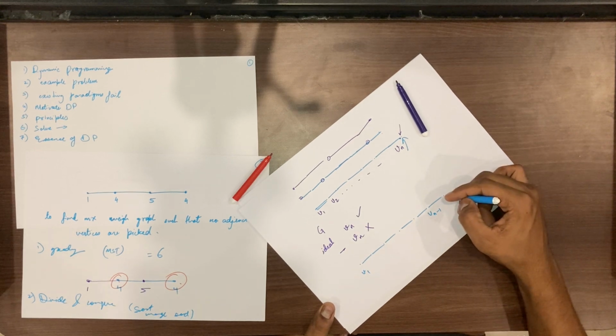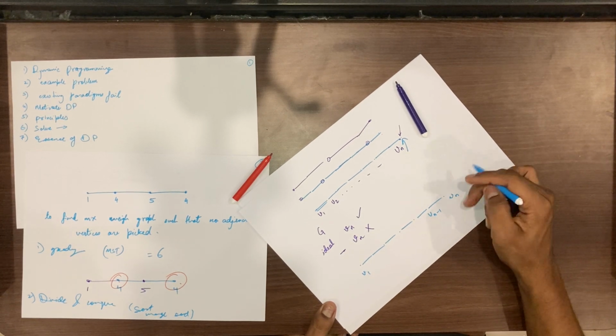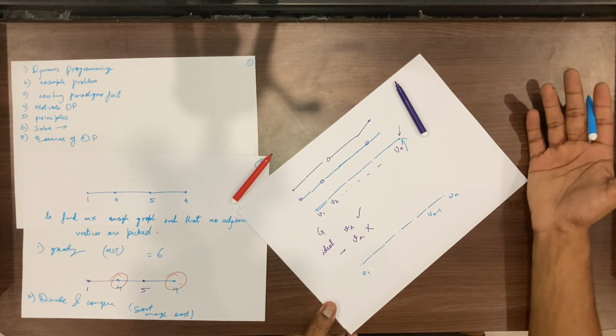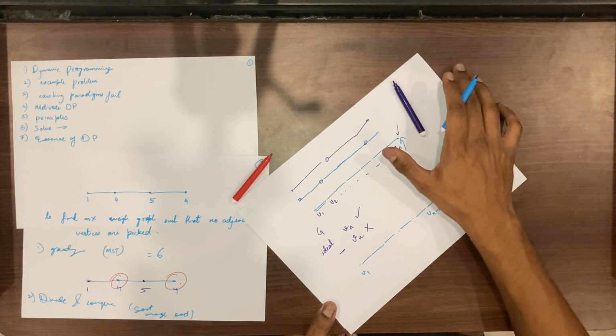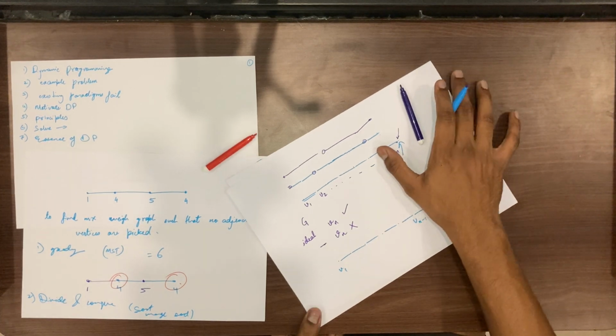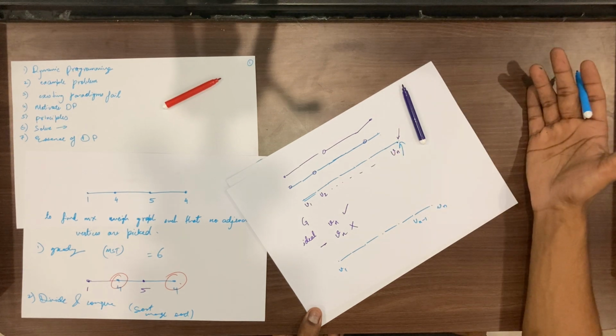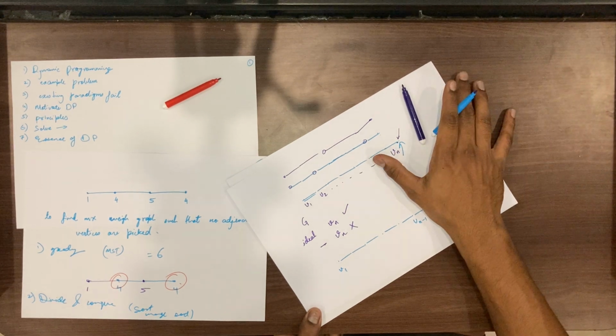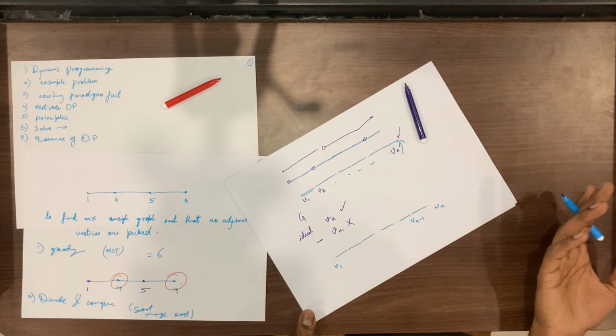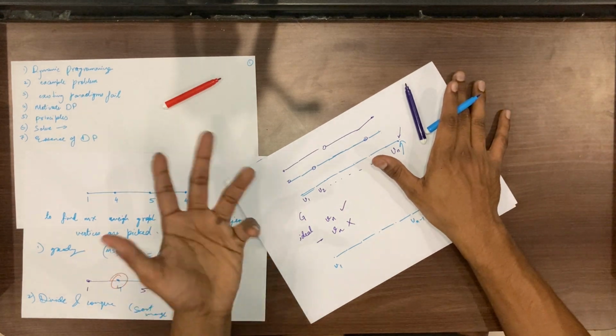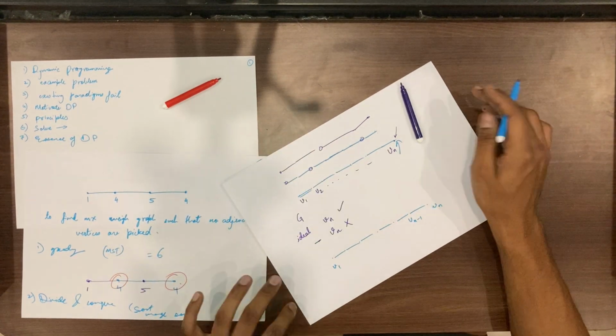If my solution does not have vn, then it's as good as solving a problem with only vn minus 1 nodes, right? Because it does not make a difference whether I include this in my original problem or not, because this was not in my optimal solution. So it does not matter as far as the algorithm or the output is concerned.